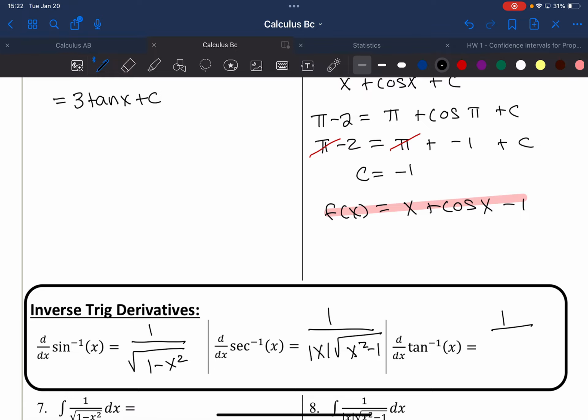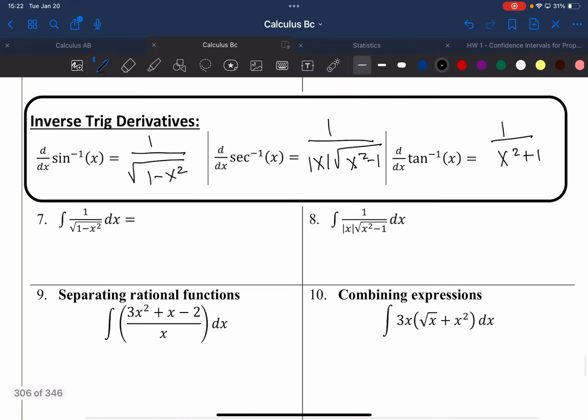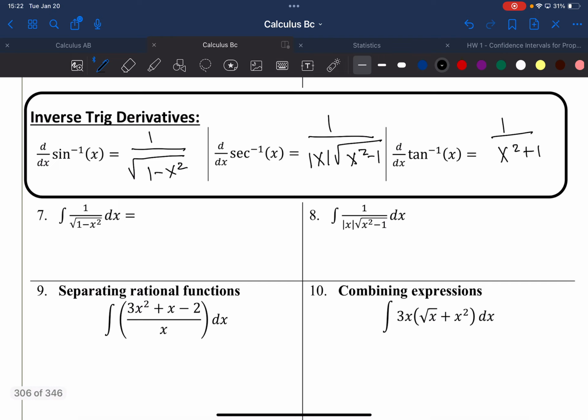These are things that we already learned in this box down here. If you recognize these as a derivative of an inverse trig function, then you should be able to think backwards and say, if I have the integral of this, then I know it's going to be equal to one of those inverse trig functions.